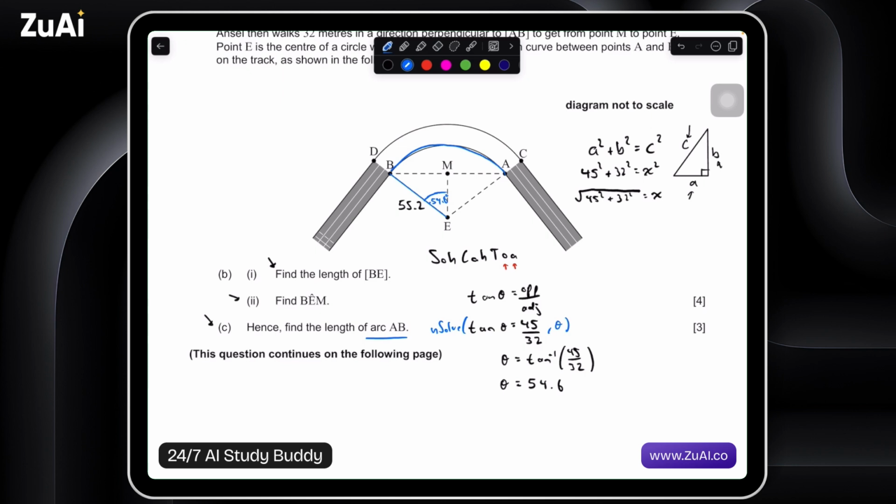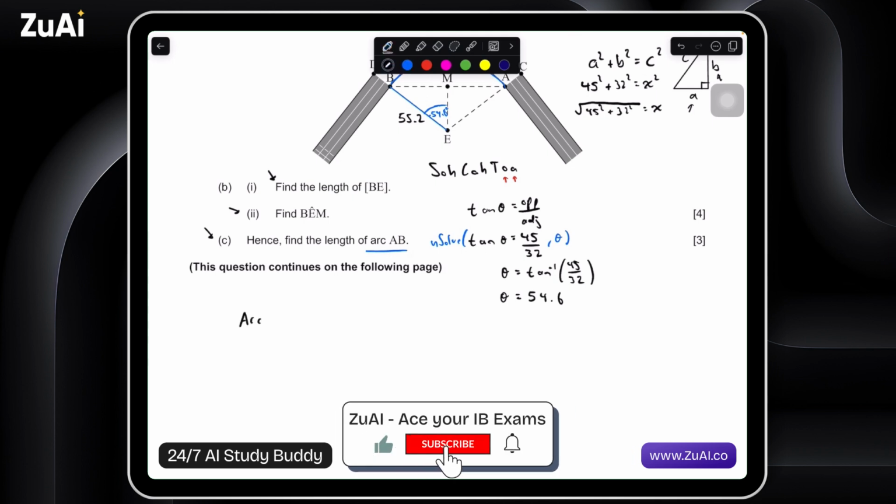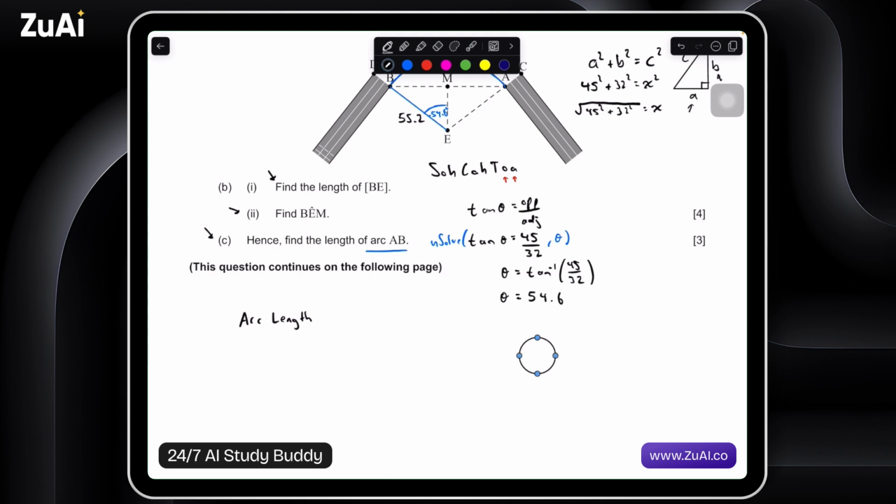This is given to us in the formula booklet, but I'm going to write it out here. For a full circle, the circumference, or essentially the perimeter of our circle, is given by 2 pi r. But if we only have a portion of this circle, and this is the center, the question is how much of our circle do we have?